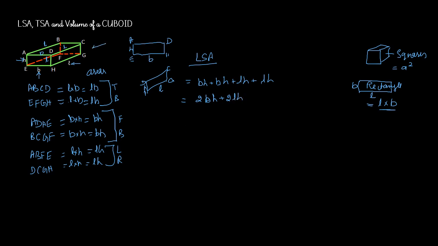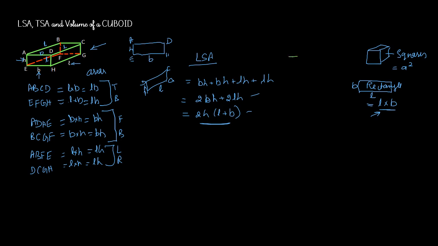If you are able to draw this diagram, you should be able to come up with this formula. You don't need to know anything except the area of a rectangle. That's very important. Even if I take 2H outside, L plus B, it's still the same. I'm just taking common factors. So that's my LSA of a cuboid.